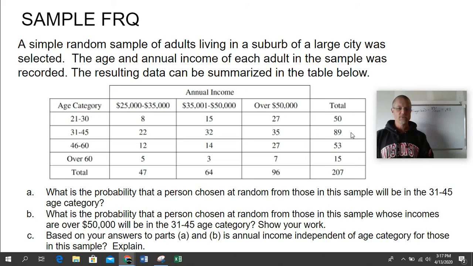Then the next one said, what's the probability that a person chosen at random from those in the sample whose incomes are over 50,000 will be in the 31 to 45 age category? So I'm only in the column of over 50,000.